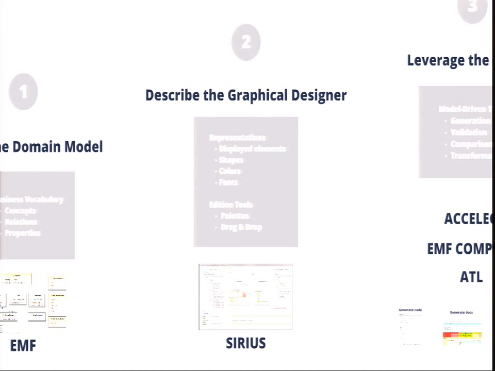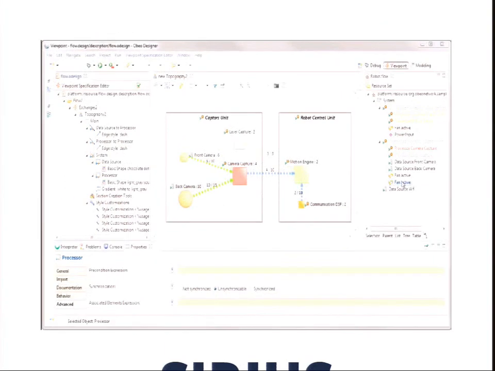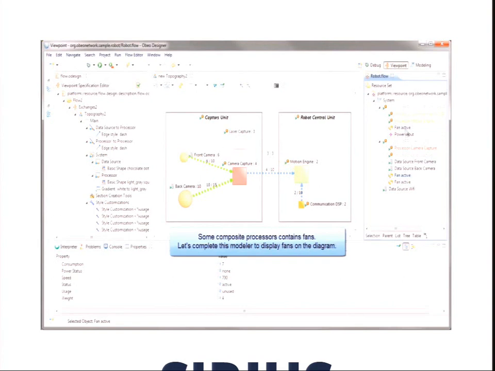Secondly, we describe the graphical designers with the shape, the style, the change of the style depending on the content of the models, the behavior, all the double clicks, the layout; everything will be defined by yourself. And you don't need to code.